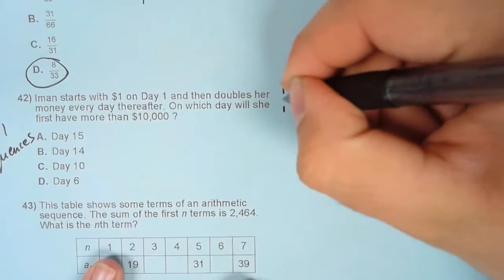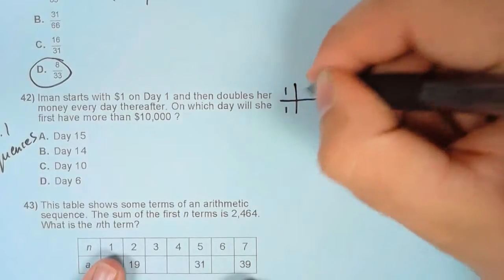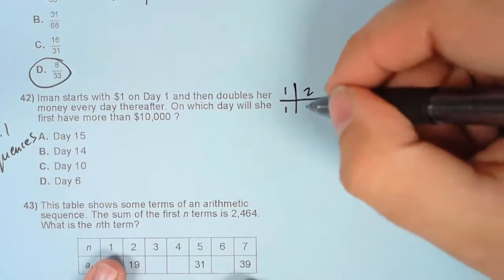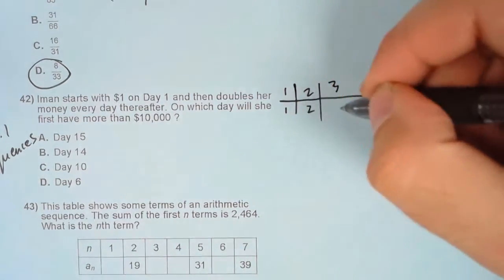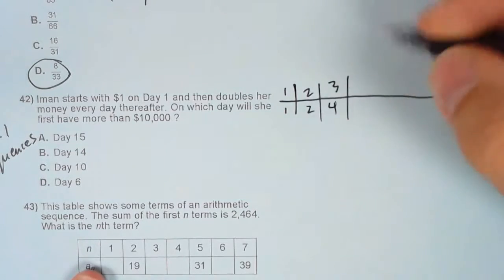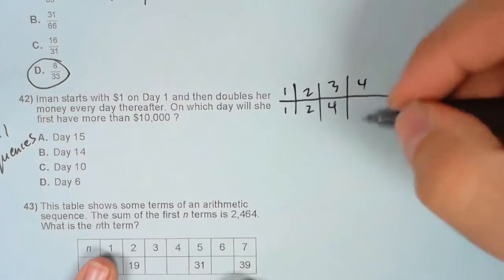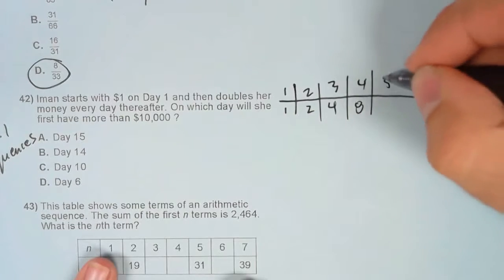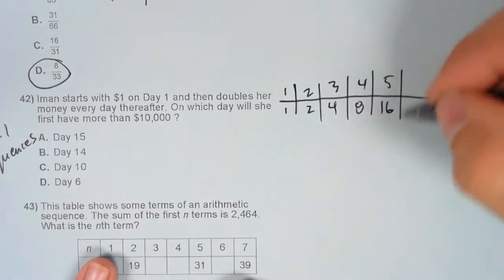So on day 1, she's got $1, right? On day 2, we just multiply that by 2, we have $2. On day 3, multiply it by 2, we've got $4. And we'll keep continuing. Day 4 is going to give us $8. Day 5 is $16.